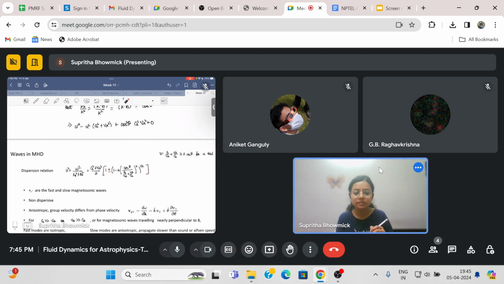If u has to be real, then whatever is under this root has to be positive, and it comes with a minus, 1 minus. So this entire quantity has to be less than 1. So you automatically know that the plus corresponds to a greater u as compared to the minus.